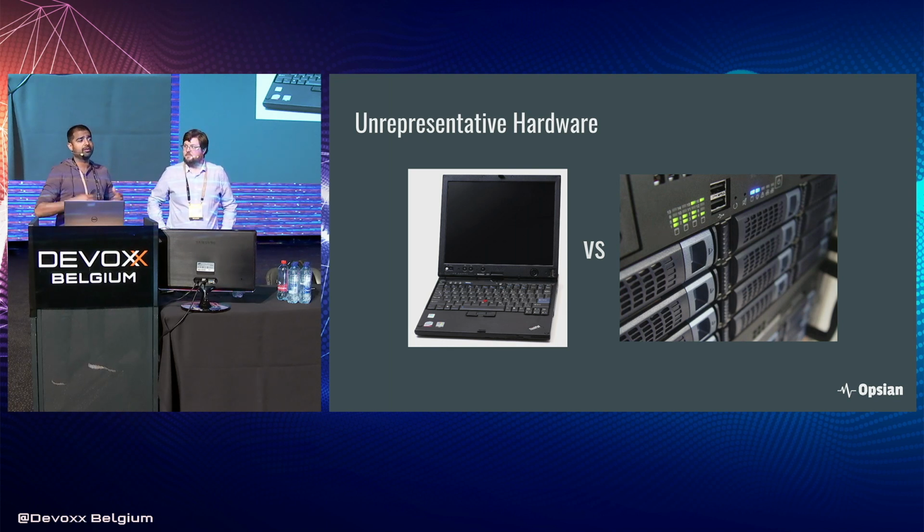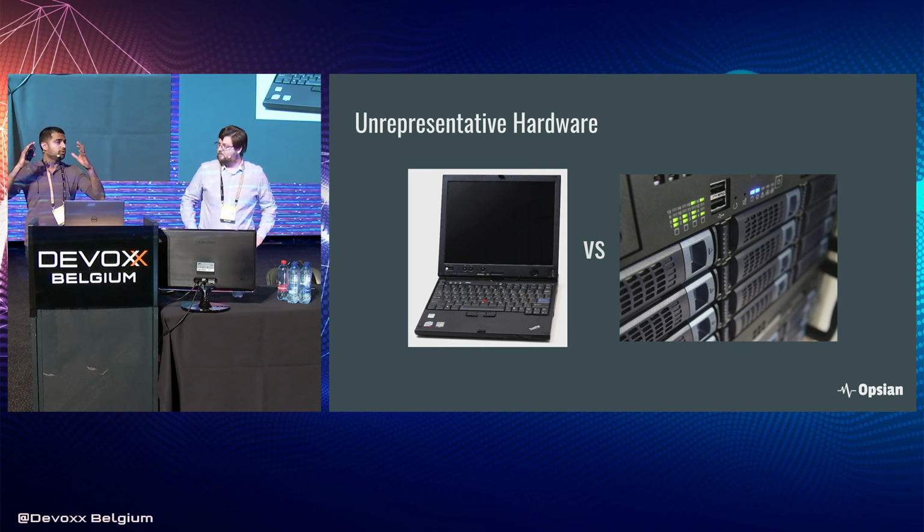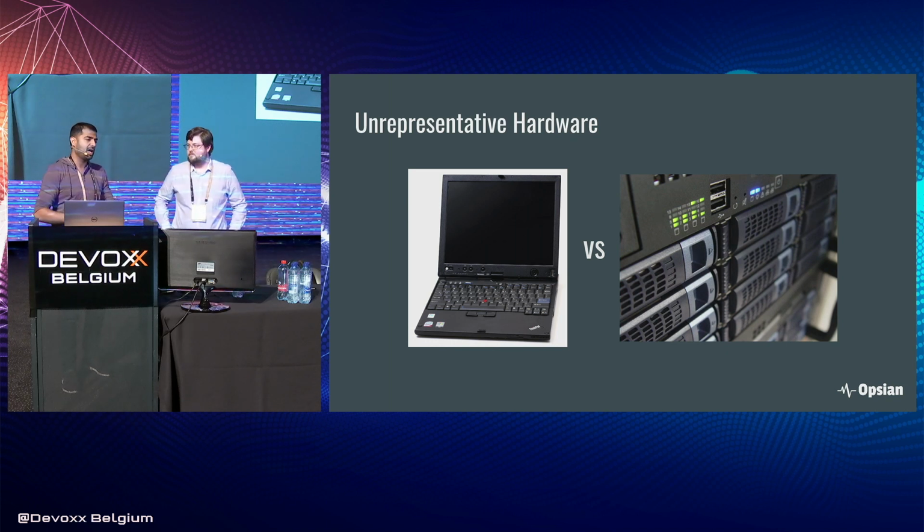Other things like your memory subsystems are different: numbers of memory controllers, memory bandwidth, I/O subsystems. Again, on your laptop, you likely have an I/O subsystem, SSDs that are optimized for power utilization, whereas on servers, they're going to be very, very different. And by optimizing for what your laptop or your development environment has, you're likely to be chasing different bottlenecks than you are in production.